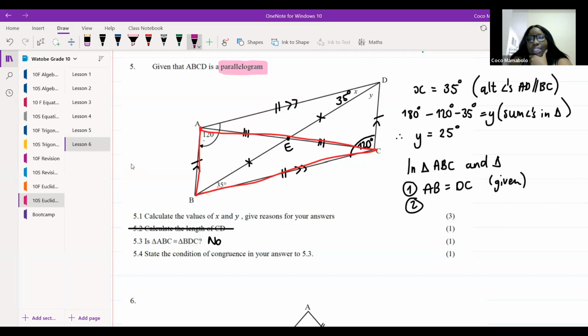D. Okay, we need to start at D, and then we went downwards. So we need to go D, C, and then sideways, B. So D, C, B, and then close triangle.